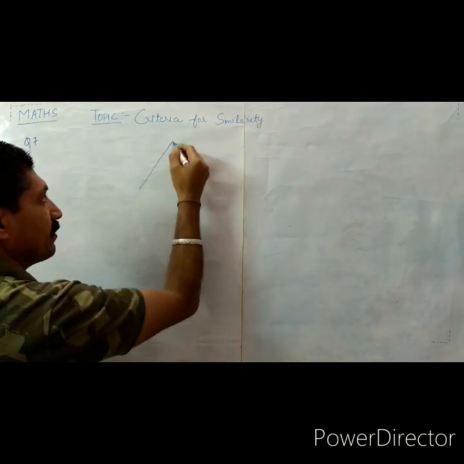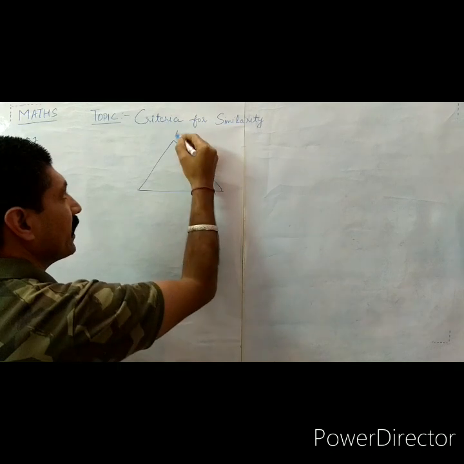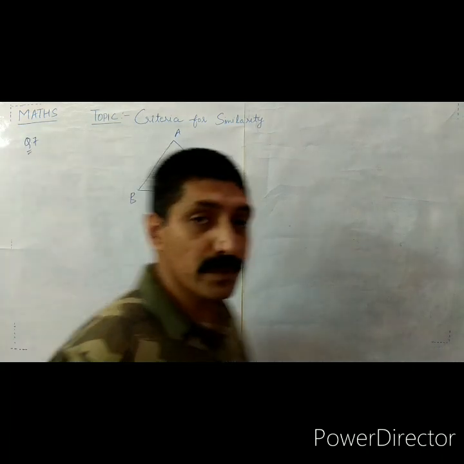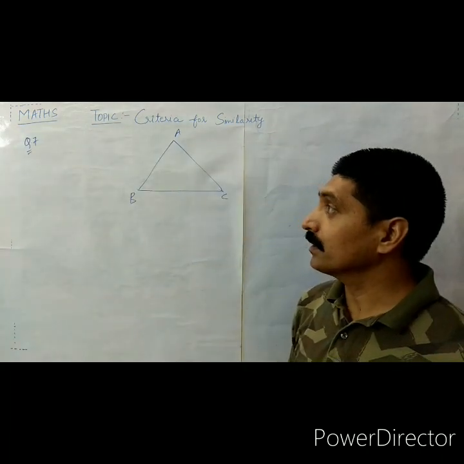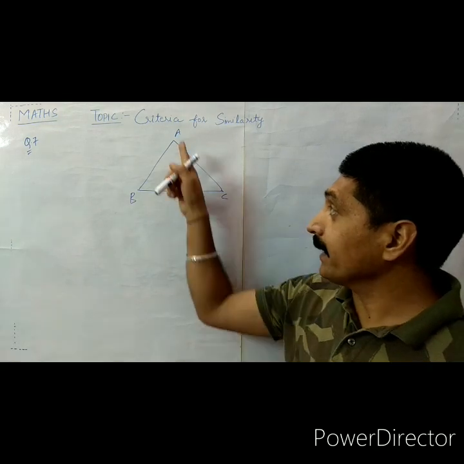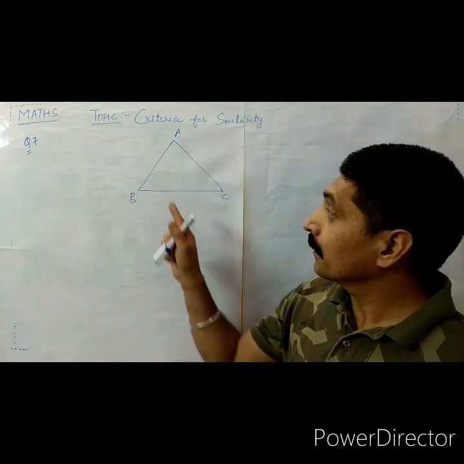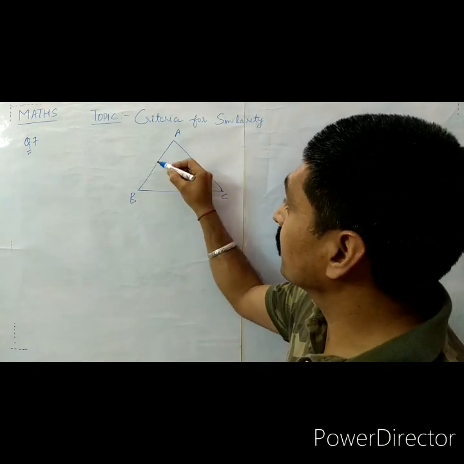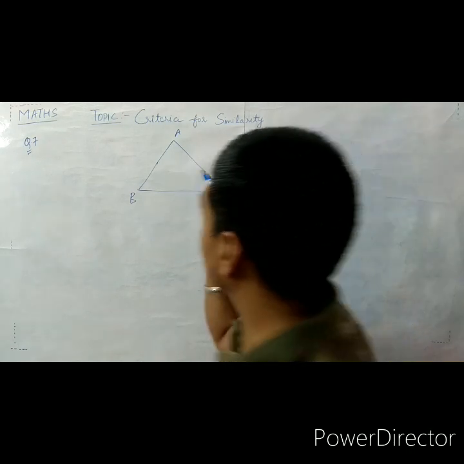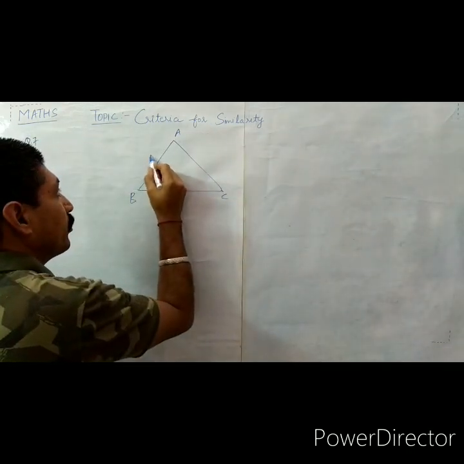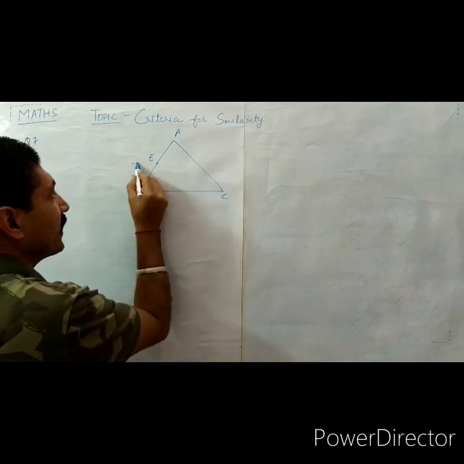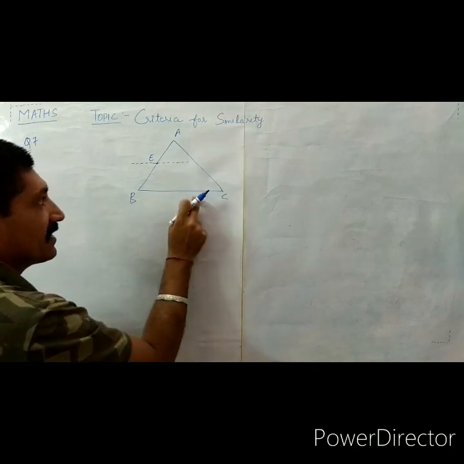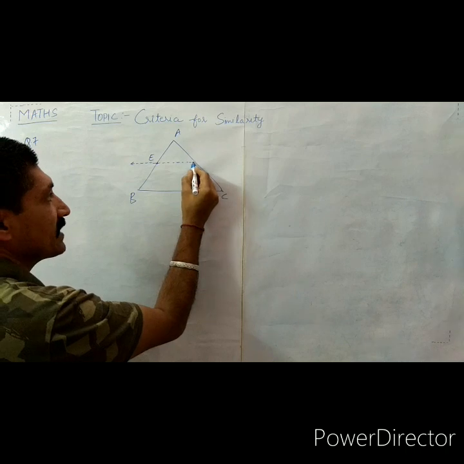If in any triangle ABC, the question statement says, by using theorem 6.1, that is BPT, if any line is drawn from the midpoint of any one side, here E is the midpoint, parallel to the third side, let this side be BC and let the line be EF.